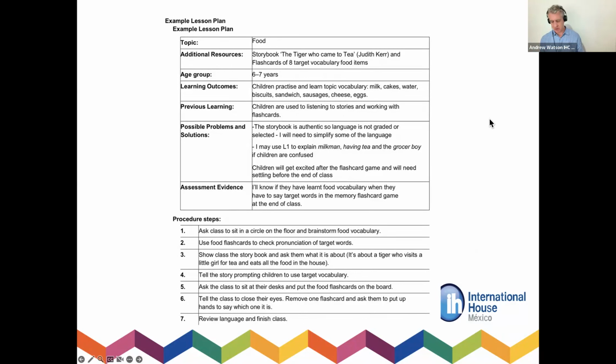Yeah, so it could be, because they're having cake, should be easy. What else do they have? Cake was the main thing. What else does he eat?